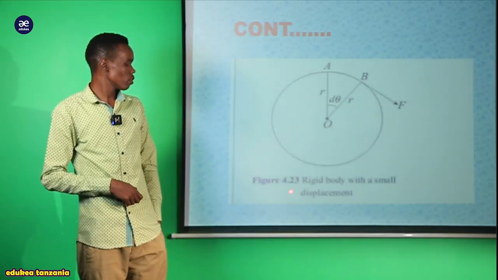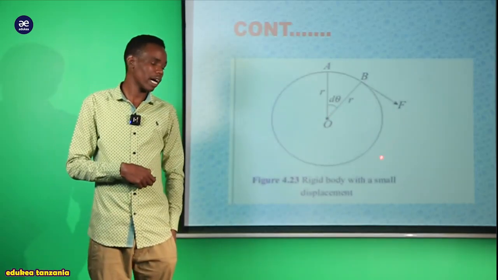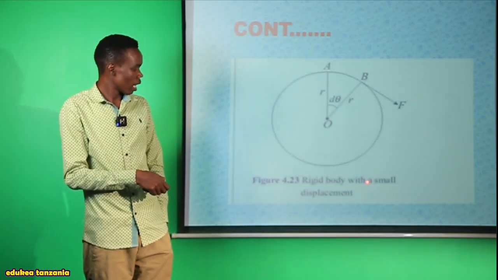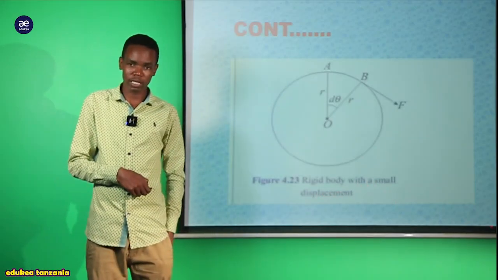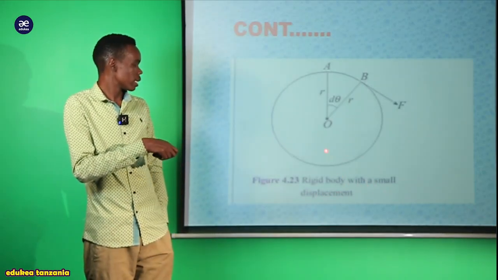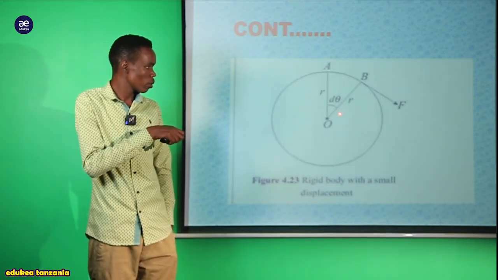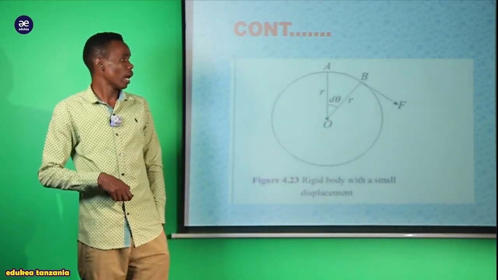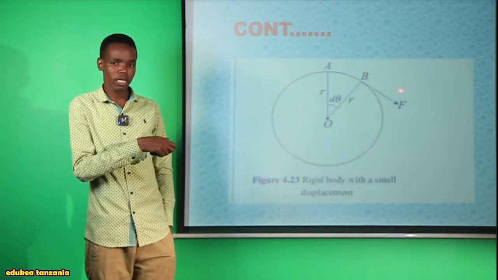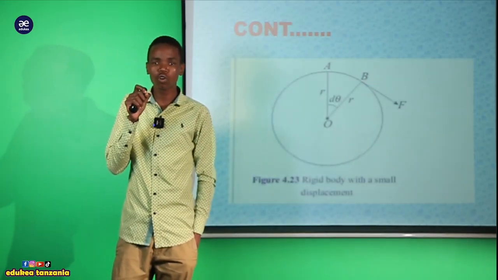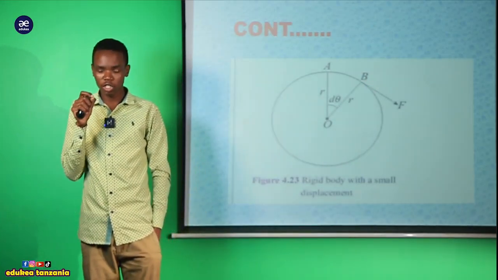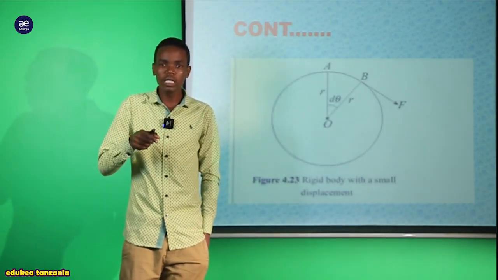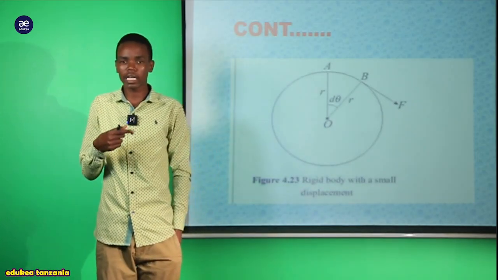As we observe our figure here, it gives us an overview of the rigid body with a small displacement. At point B, we have the tangential force. This is the tangential force that causes the rigid body to keep rotating about an axis.